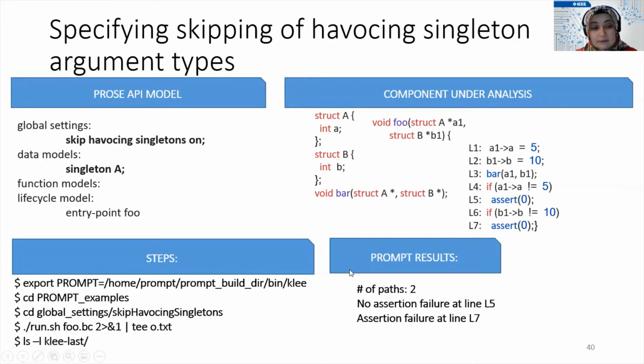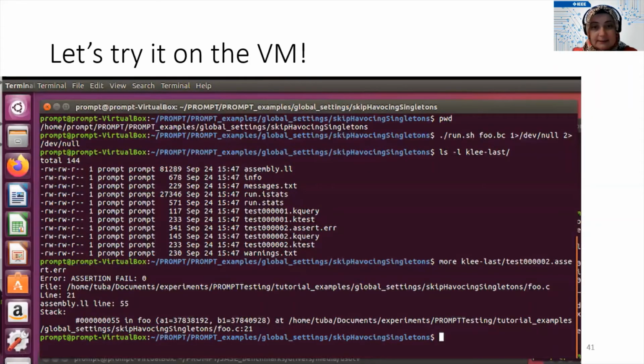So if we can go to the skip havocing singletons directory under global settings and execute this, then you should see this, that we have two paths generated, and one of them is an assertion failure.